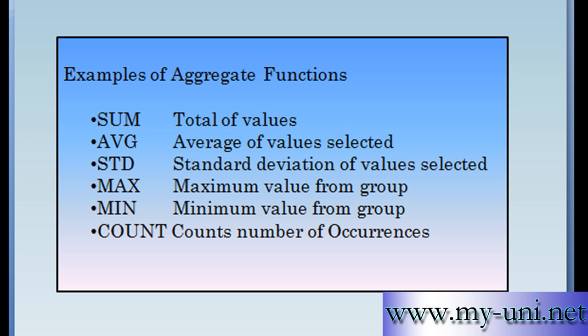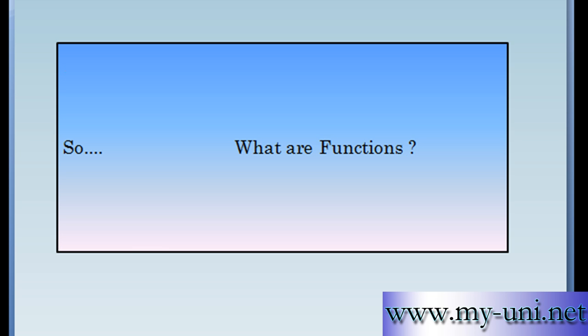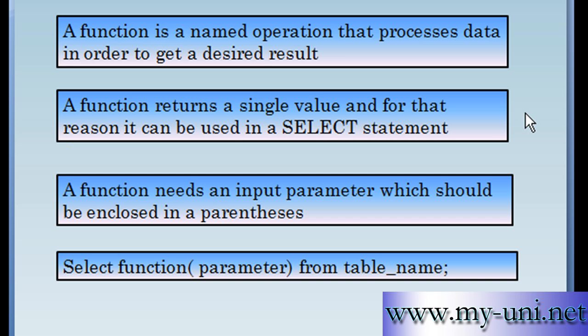But first things first, what are functions? A function is a named operation that processes data from a table or from a database object in order to get a desired result. A function returns a single value, and for that reason it can be used in a select statement.